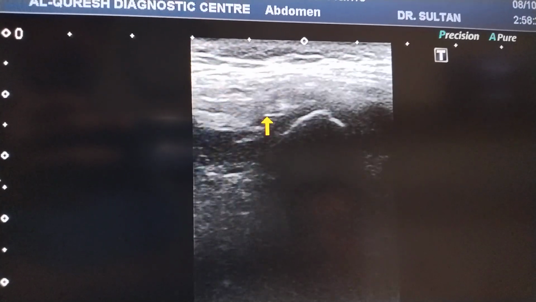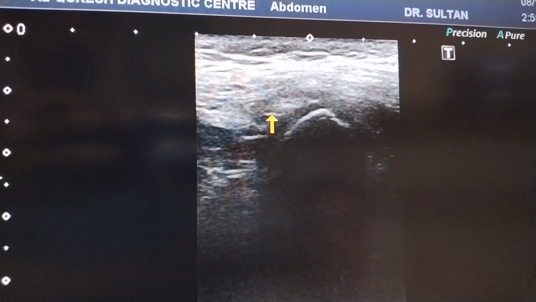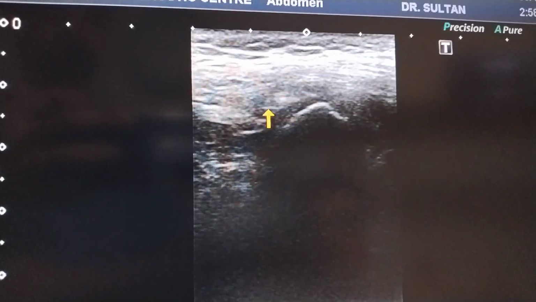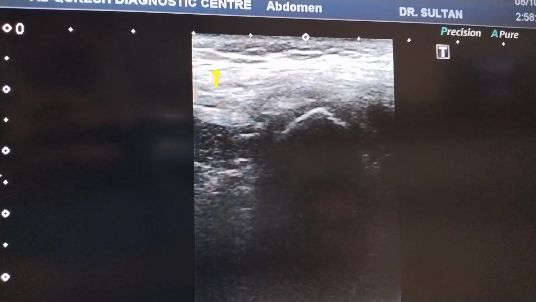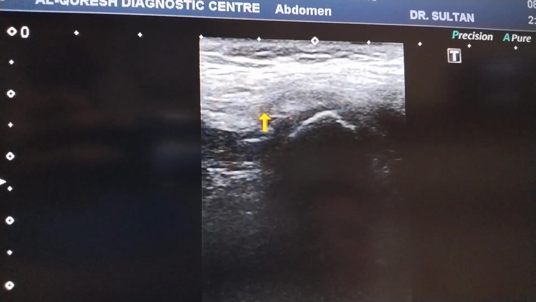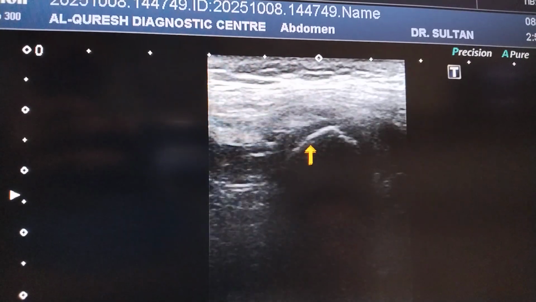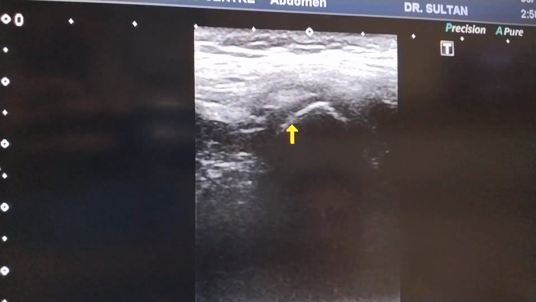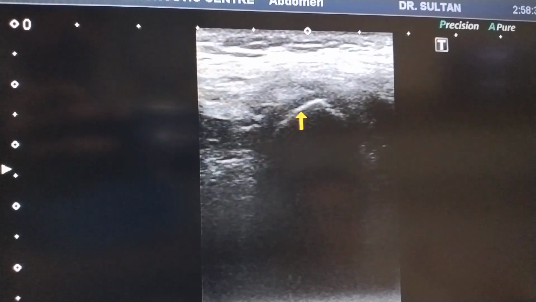This is almost 1 to 2 centimeters. When we see that the rectus abdominis muscle is not present as we move laterally, we then come across the bone. This is the pubic tubercle.